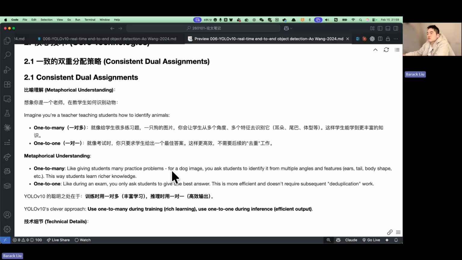This way, students learn rich knowledge. One-to-one is like during an exam, you only ask students to give one best answer. This is more efficient and it doesn't require subsequent deduplication work.